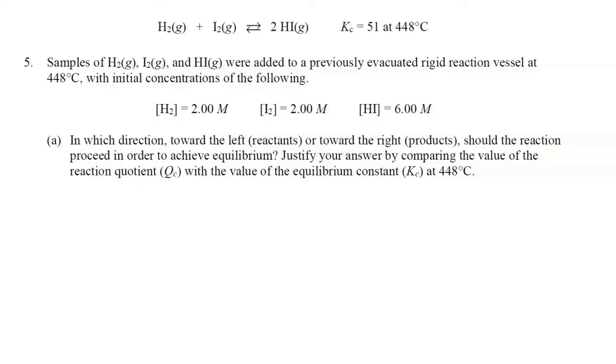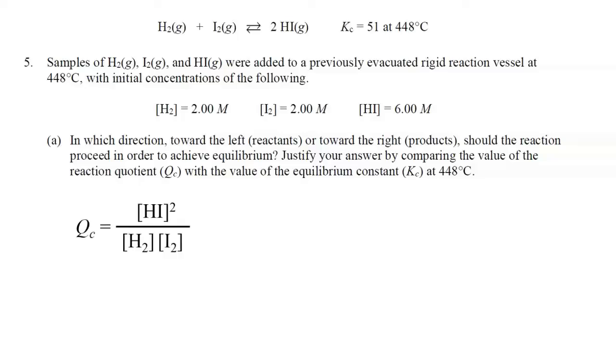So in part A, it's going to be Q versus K. In which direction, toward the left, reactants, or toward the right, products, should the reaction proceed in order to achieve equilibrium? Justify your answer by comparing the value of the reaction quotient, Q, with the value of the equilibrium constant, Kc, which is 51, at 448 degrees Celsius.